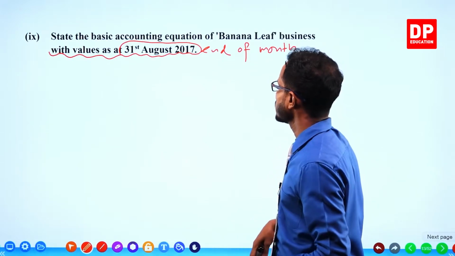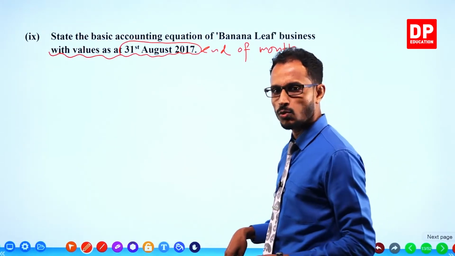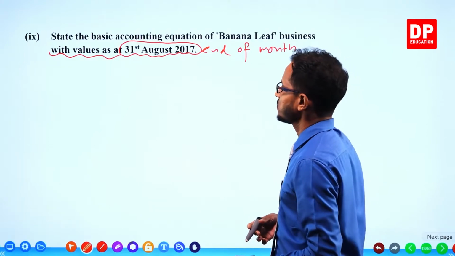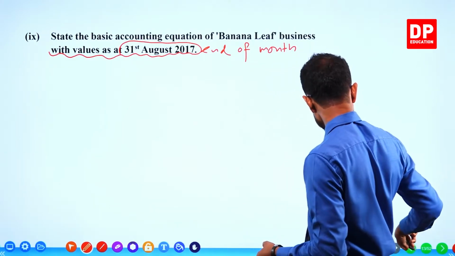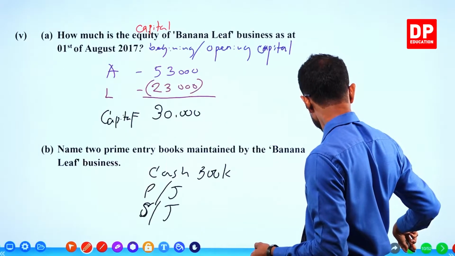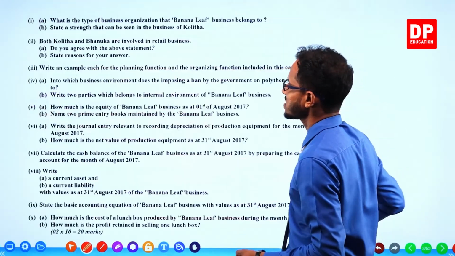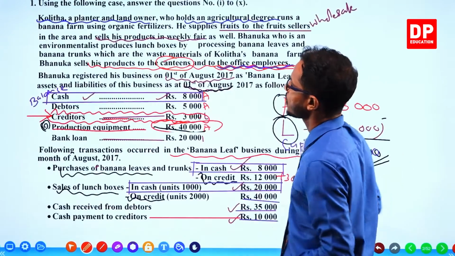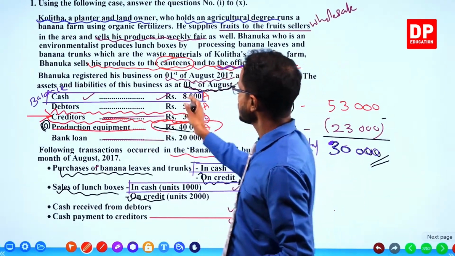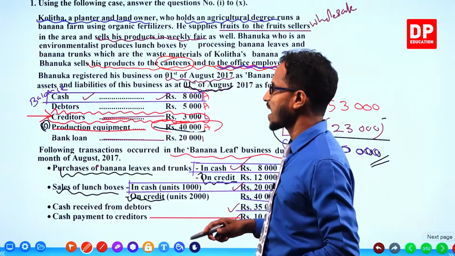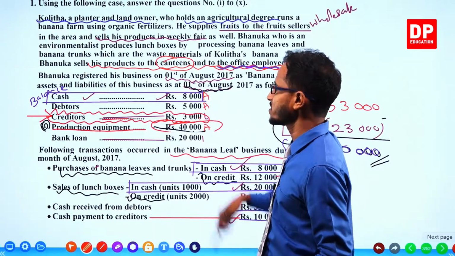Let's go and see. End of the month. What assets and what liabilities are there? Well, the assets and liabilities are here. Cash, we know the end of the month cash balance, not 8,000.